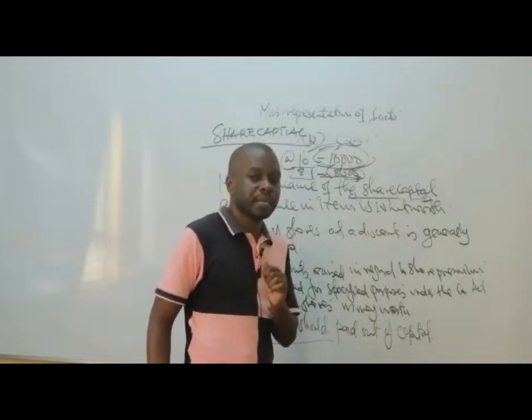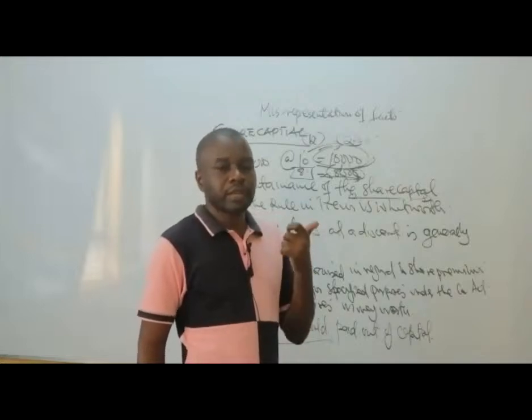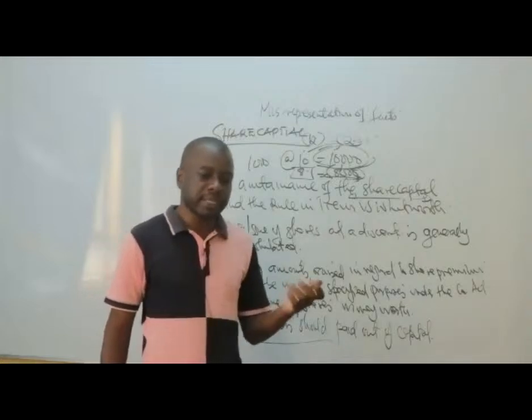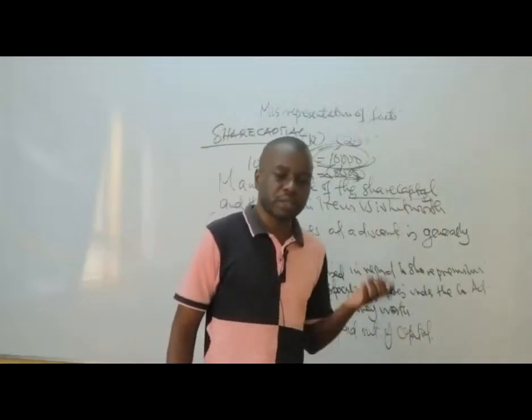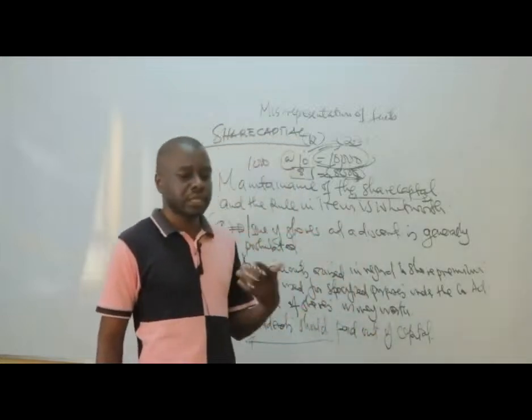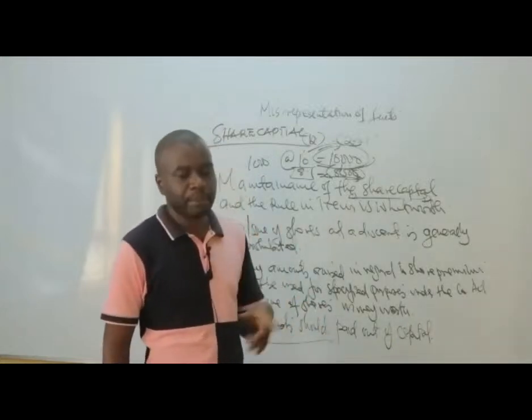Dividends can only be paid out of what we call distributable profits of the company. If the company has not made profits in a financial year, it won't pay dividends to the shareholders. If the company has made a loss, you as shareholders will come out empty-handed in that financial year.